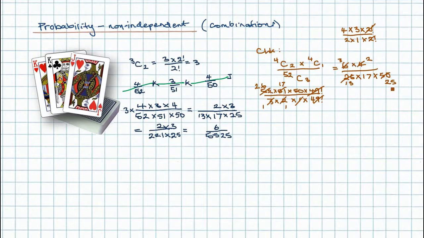Now, to save time, I can go back to my calculation over here and see I've got exactly the same thing: 3 times 2 in the numerator, and 13 times 17 times 25. So exactly the same calculation. So I can go back here and write equals 6 divided by 5,525, which confirms we must have the right answer here.